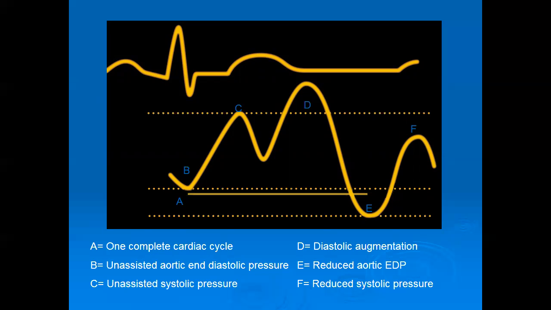And then you have this low overshoot down here. The low overshoot is your reduced end diastolic pressure. So that's your negative overshoot. And then your F is your reduced systolic pressure, because as you inflate and deflate, as we push out, the pressure doesn't have to be as high because we've reduced that afterload in an effort to make the heart work less. So typical, beautiful waveform.